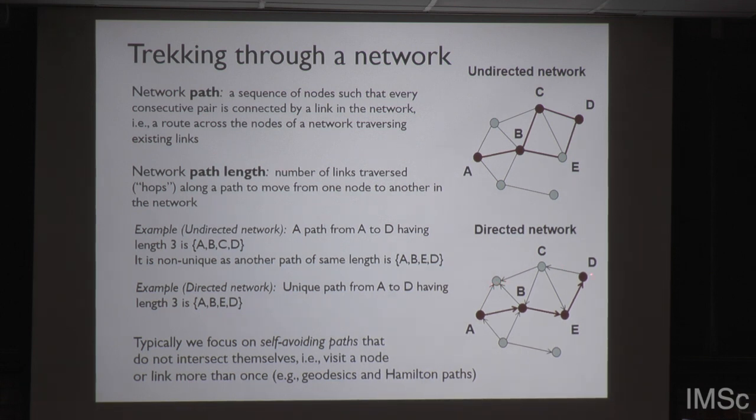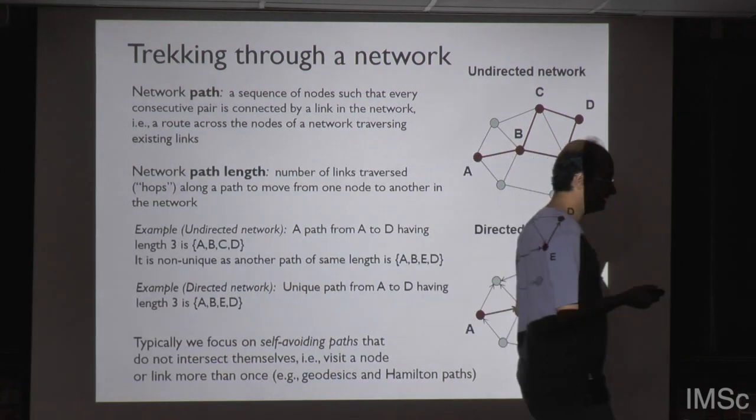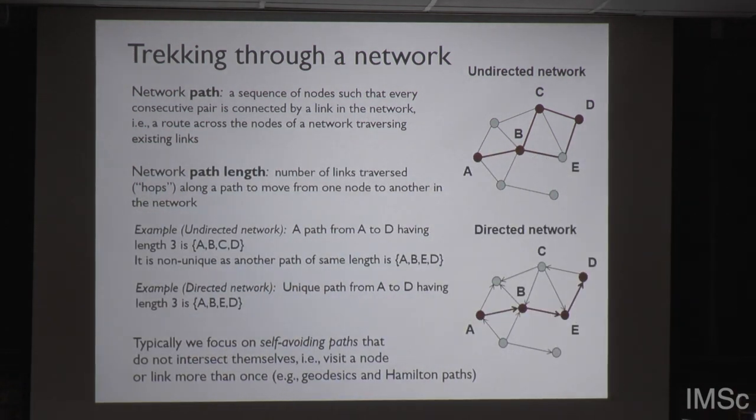So there's no way you can proceed further, so you will not be able to go from A to D using this path. So that's the difference between directed and undirected network, that in undirected network, typically many more paths are possible than in directed network. So often you find that in directed networks, a path may exist from one node to another node, but the reverse path may not be possible.